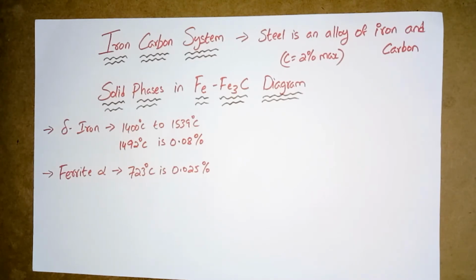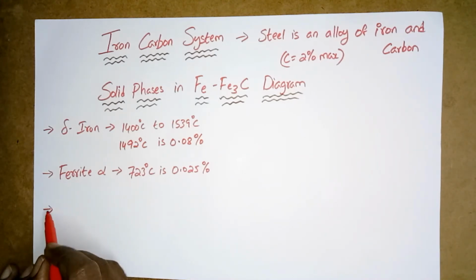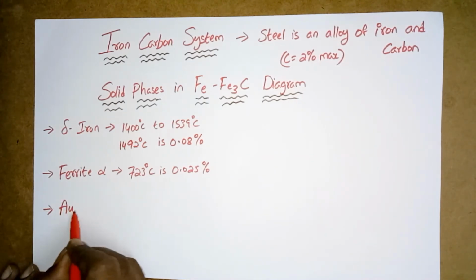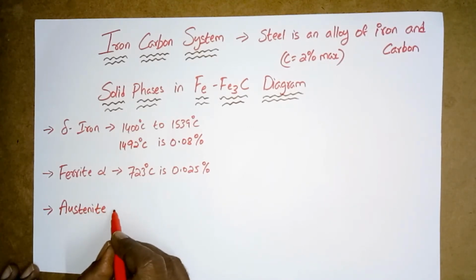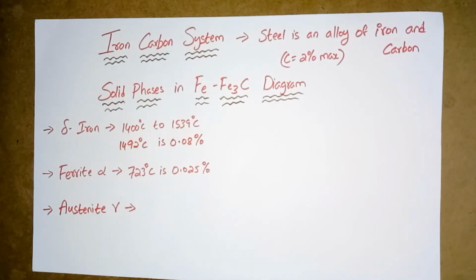After ferrite, next comes austenite, which is gamma. The interstitial solid solution of carbon in gamma iron, with an FCC crystal lattice, is called austenite.